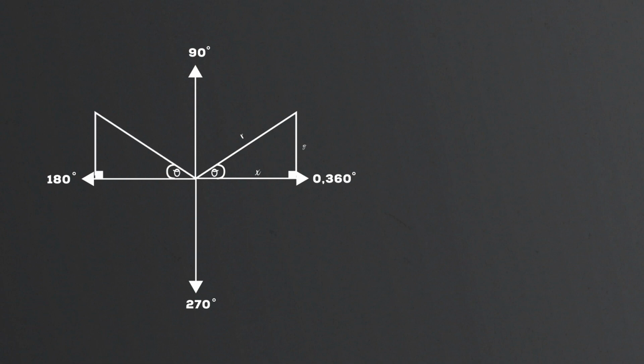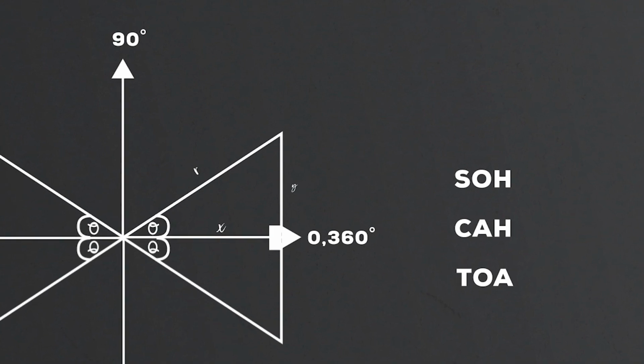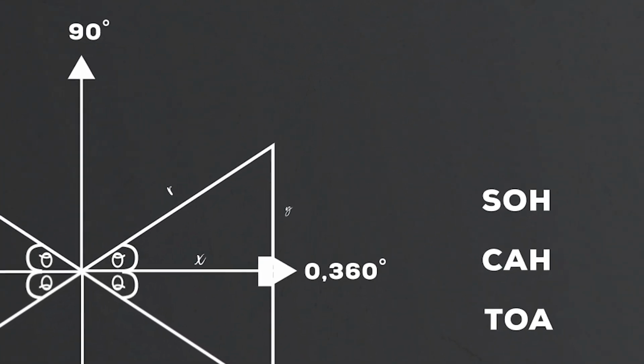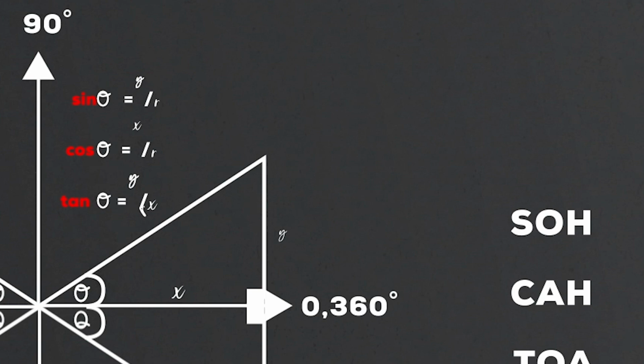Our trig ratios relate according to a right angle, and we use the mnemonic SOHCAHTOA to understand this relationship. Sine is opposite over hypotenuse, cos is adjacent over hypotenuse, and tan is opposite over adjacent.